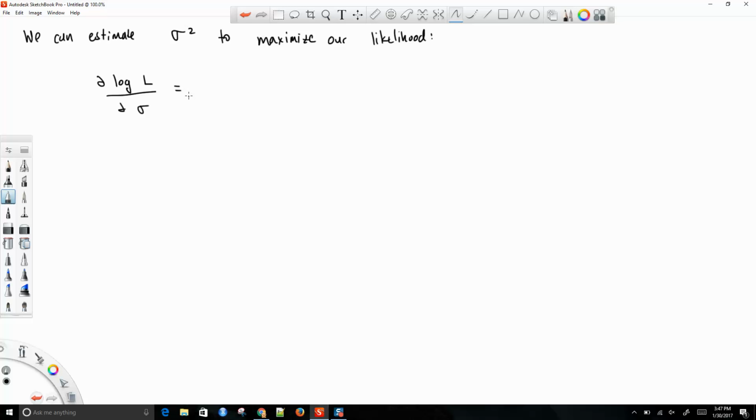If we do this, I get negative n over sigma plus 1 over sigma cubed, the sum of t sub n minus the vector x transpose w, squared.